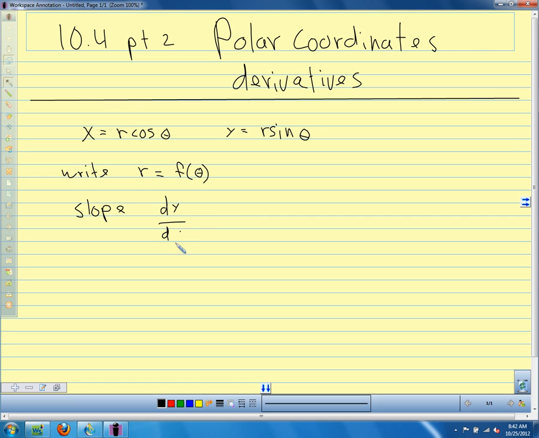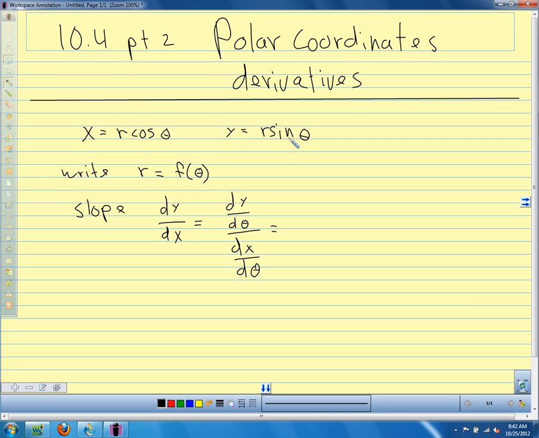the slope dy dx we said was dy d theta over dx d theta. And if we're considering r as a function of theta, we'll have to use the product rule for dy d theta and dx d theta.